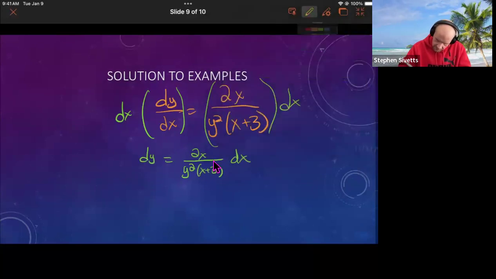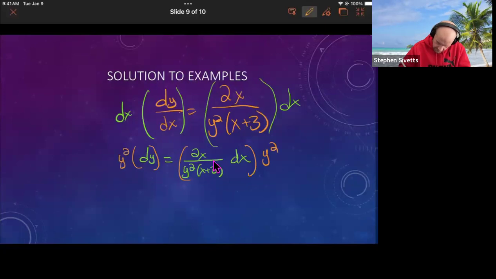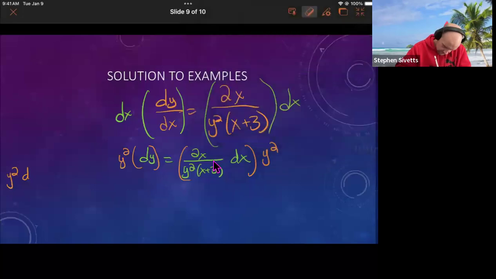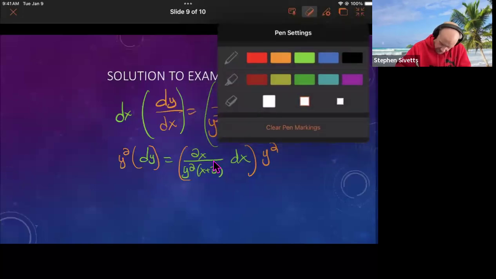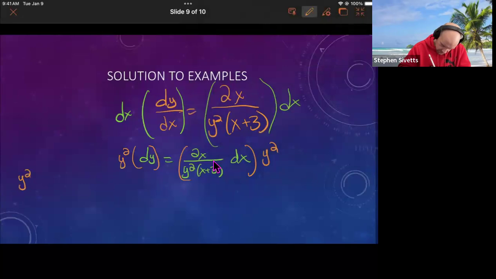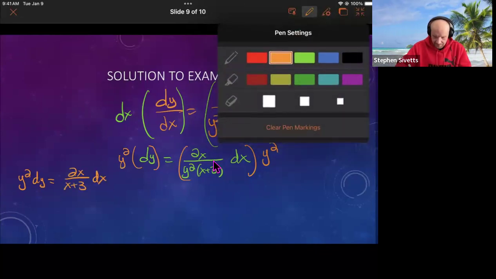And then what we can do next is multiply both sides by y squared. So the y squareds will cancel. And then we'll have y squared dy equals 2x over x plus 3 dx, right?